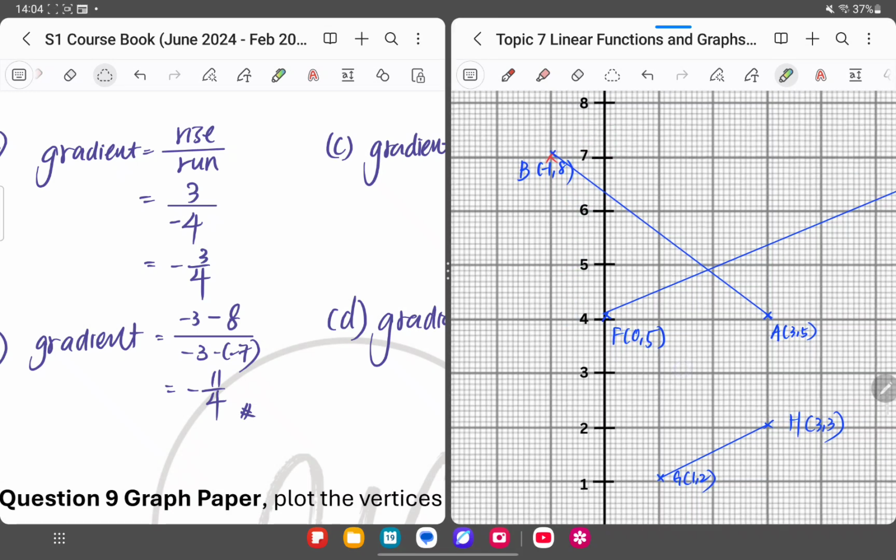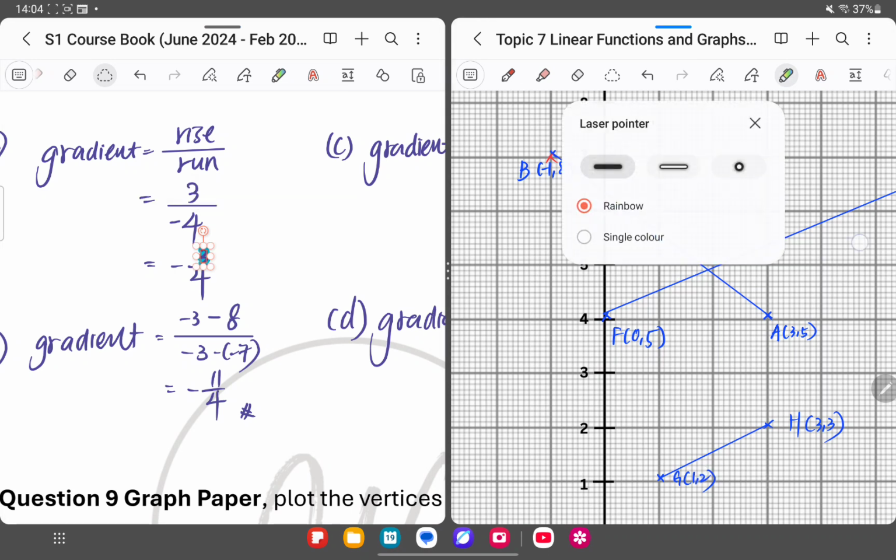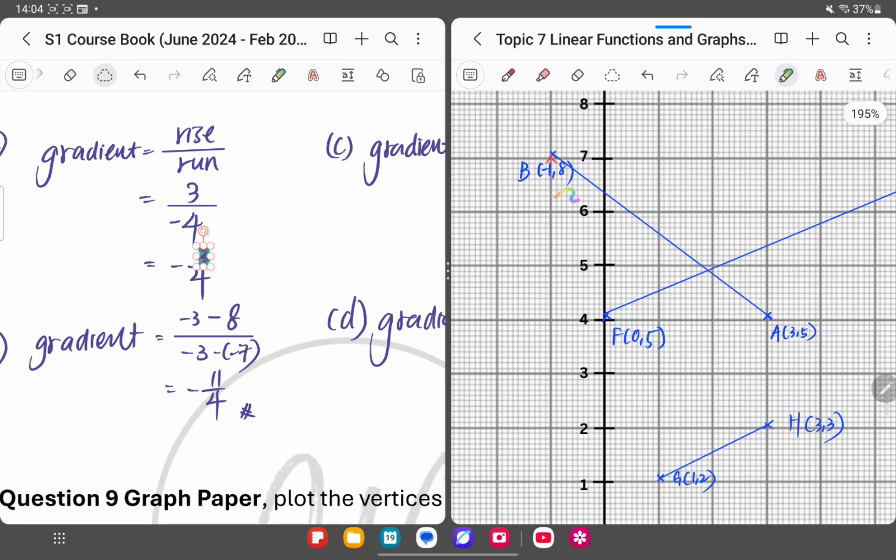Okay, so what does 3 mean over here? Can you see from the graph itself, there's 1 box here, 2 box here, 3 box here. So can you see you are rising 3 units above. Okay, then what does the 4 stand for in terms of here? It means that it's 1 box over here. You're starting from this point, 1 box, 2 box, 3 box, 4 box.